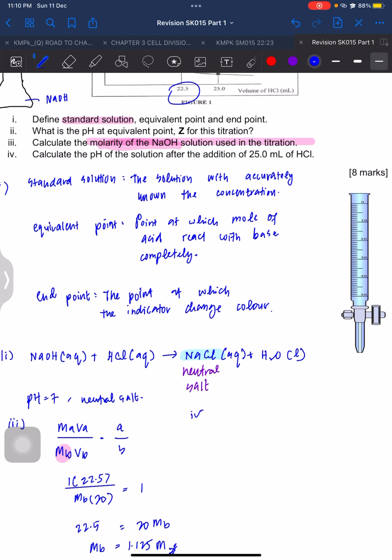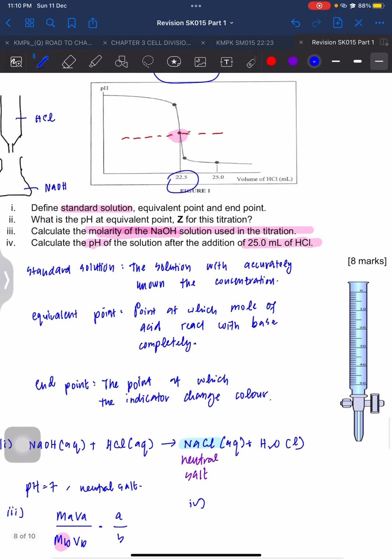So moving on to the last question, which is calculate the pH of the solution after the addition of 25 ml of hydrochloric acid. So kita dah capai equivalent point.